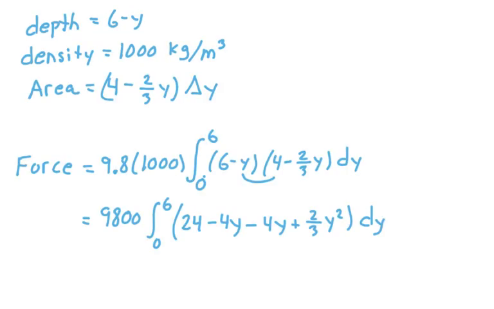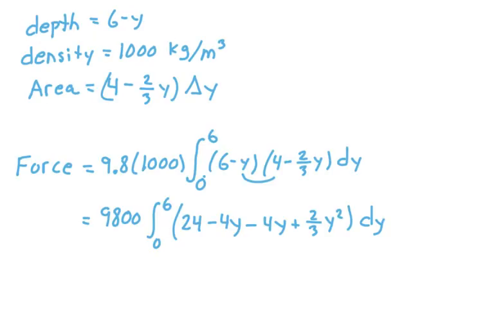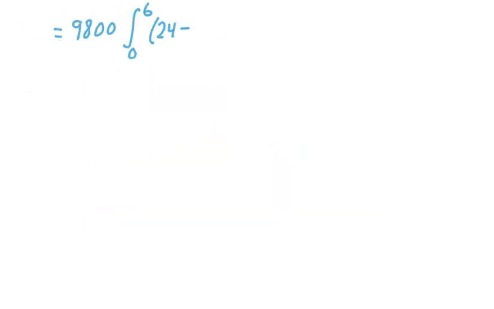So this is 9,800 times the integral from 0 up to 6 of 24 minus 8y plus 2/3 y squared dy.